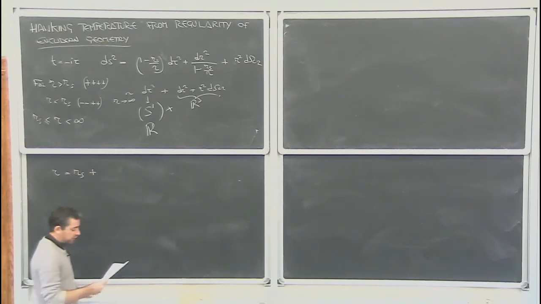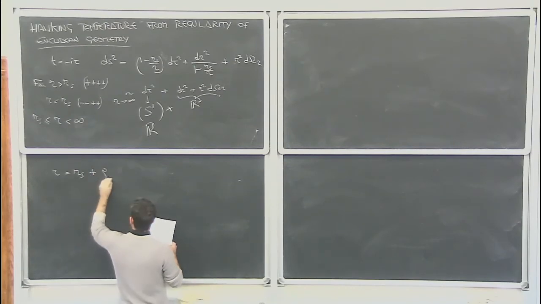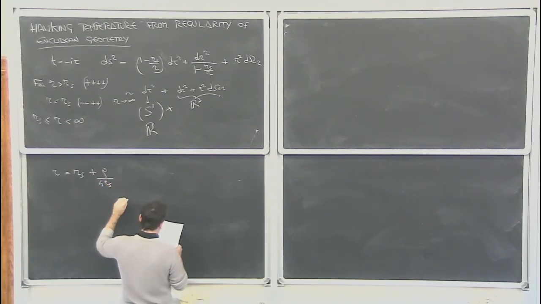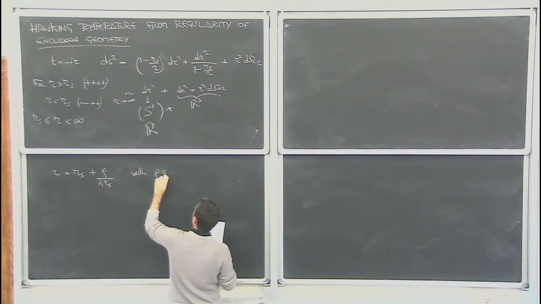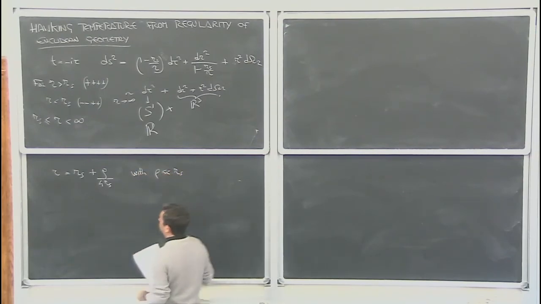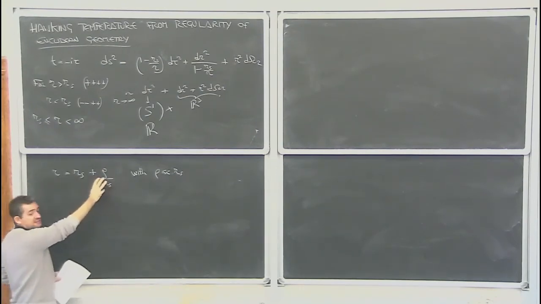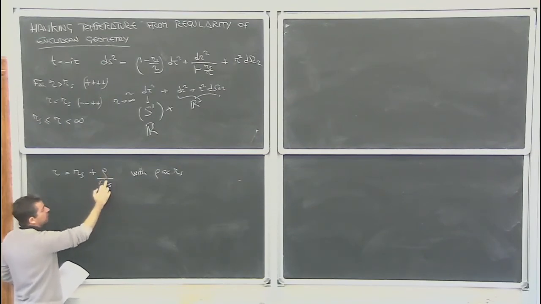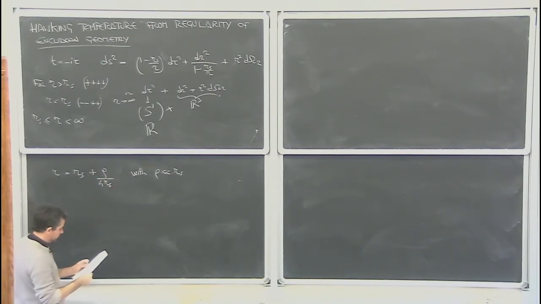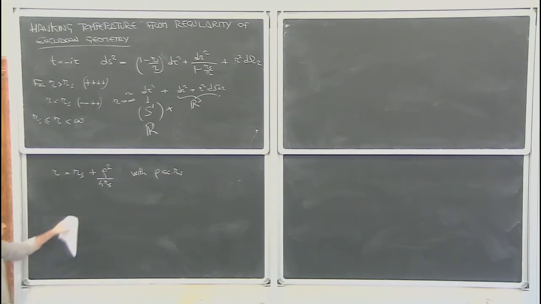So change coordinate. I'm taking R equal Rs plus something small. Rho is the new coordinate. I'm replacing R with rho, and maybe rho squared is more convenient. It's just for convenience that I call it rho squared.